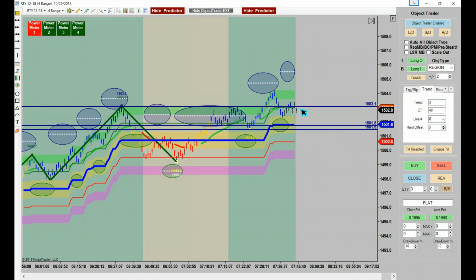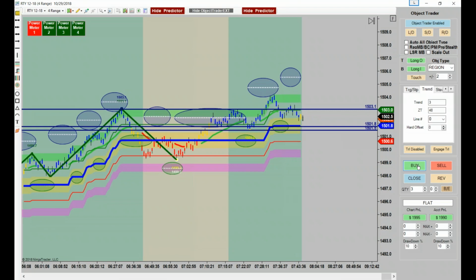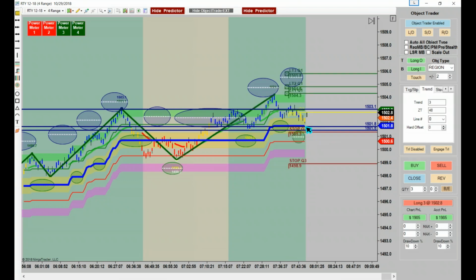Could you box this here? It did close above line 6. You're right, it actually did. I didn't catch that. Bounced off of mid-band. So I'm in it.